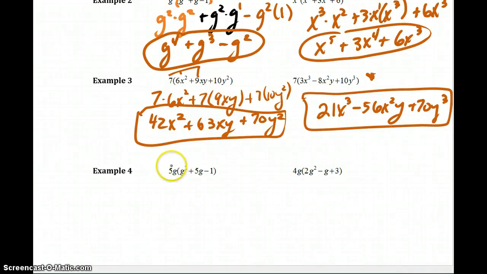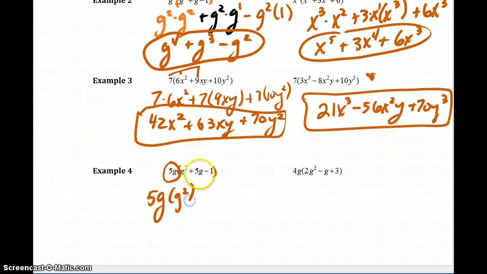The final example is going to have a 5g, and it's multiplied by this entire parenthesis as well. Again, we're going to distribute it in. So we have 5g times g squared. And then we have 5g times 5g.